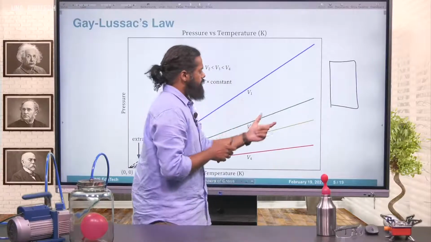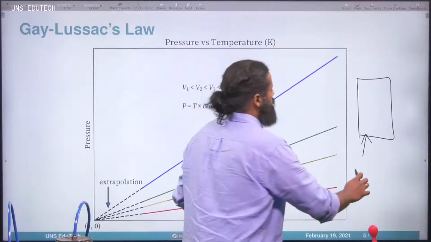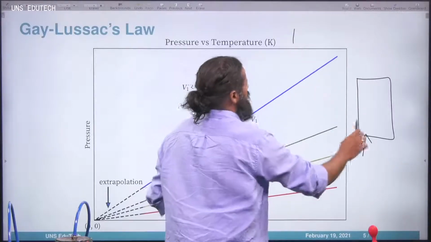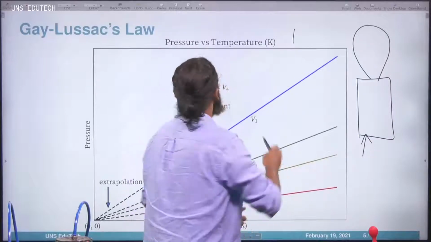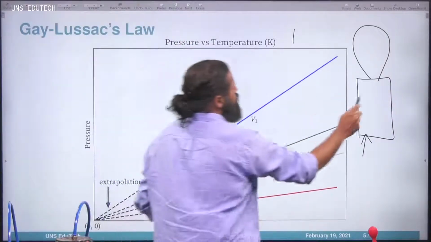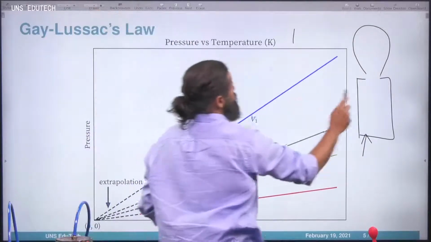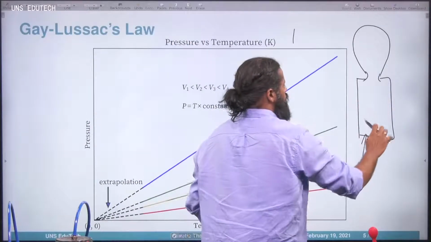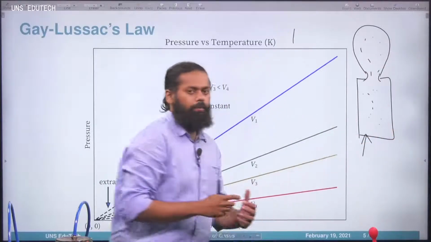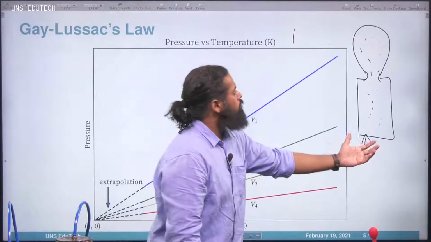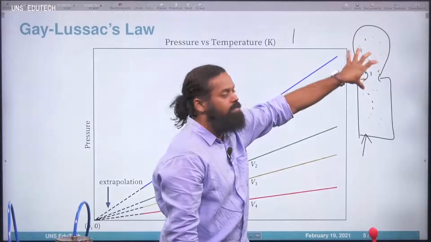In such a system, if you are increasing temperature, previously in the earlier system this part was open and you were connecting a balloon here, like this. Whatever air is there in this system, when you are heating up, it expands, the pressure remains constant and the volume is changing. That is what happened in the Charles' law case.